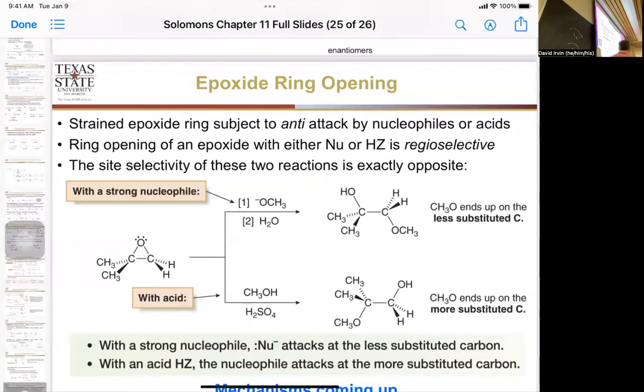But if we use acid and a poor nucleophile, we get the other way around. The nucleophile attacks the more hindered carbon, and we have the alcohol on the less hindered carbon. So using almost the same reagents, we can make the primary alcohol or the tertiary alcohol by changing the reaction conditions.